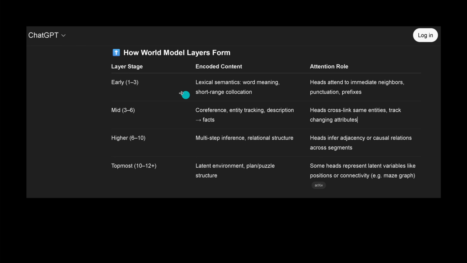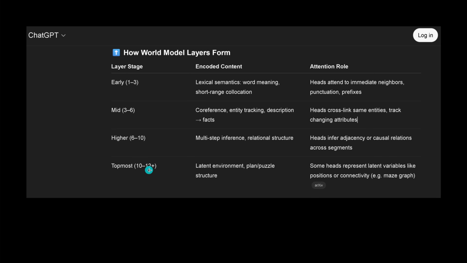ChatGPT tells us that in the early layers, you have only the word meaning, some low complexity. In the mid layers, we already have entity tracking. In the higher layers, the first multi-step inference appears. We have relational structures; the heads infer an adjacency or even causal relation across some segments.